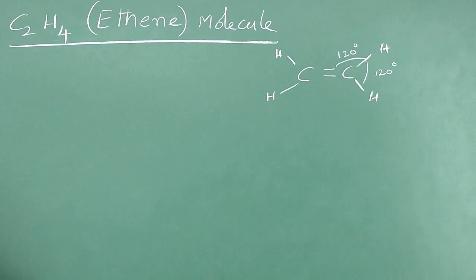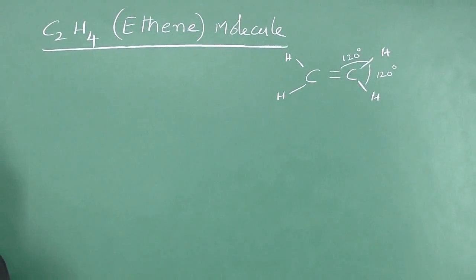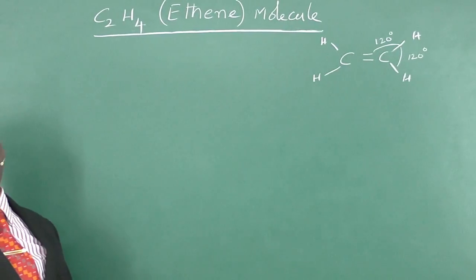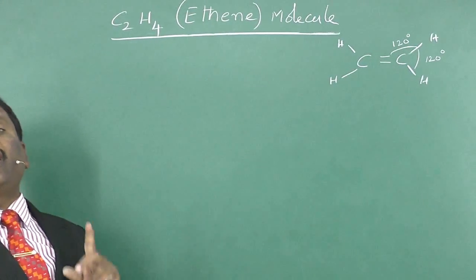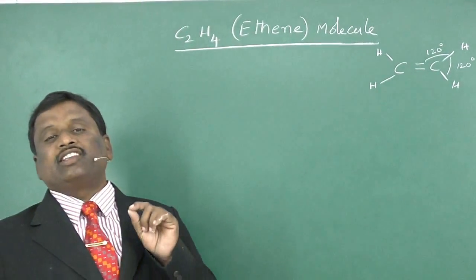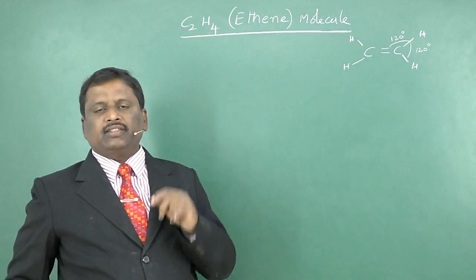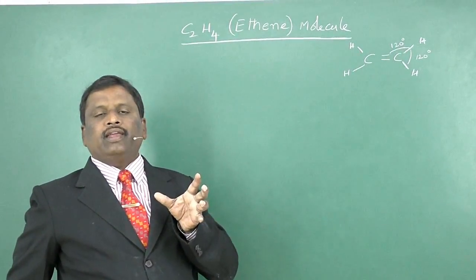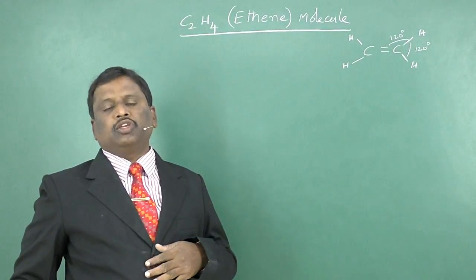Now let us verify how this molecule is formed in the light of sp2 hybridization. Remember, this hybridization is a hypothetical theory. The structure of the molecule has evidence. To support that evidence, we are giving a scientific explanation for the formation of that molecule.